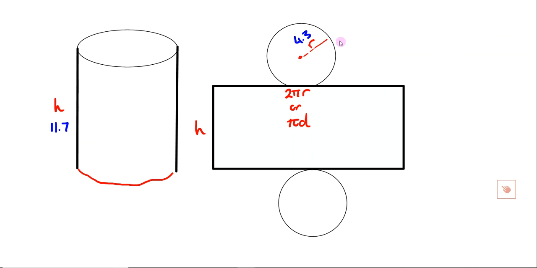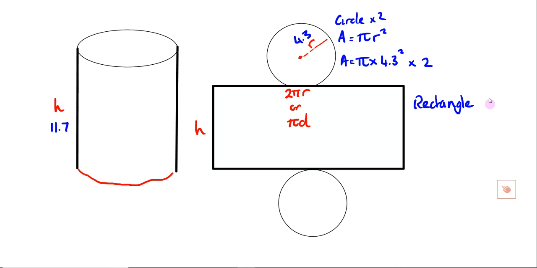So what's the area of the circle? A equals pi r squared. So we've got A equals pi times 4.3 squared. There are two circles, so we need to multiply that by 2. Okay? And then we need the area of the rectangle, which is the curved surface area.